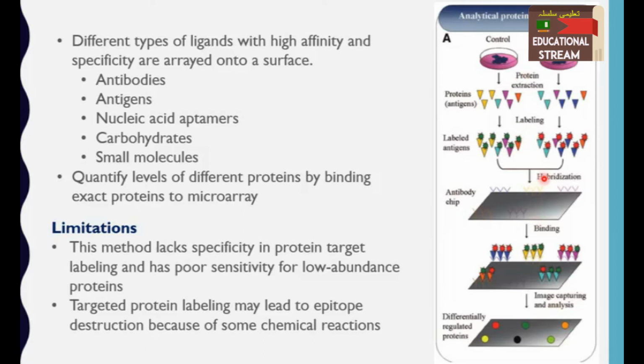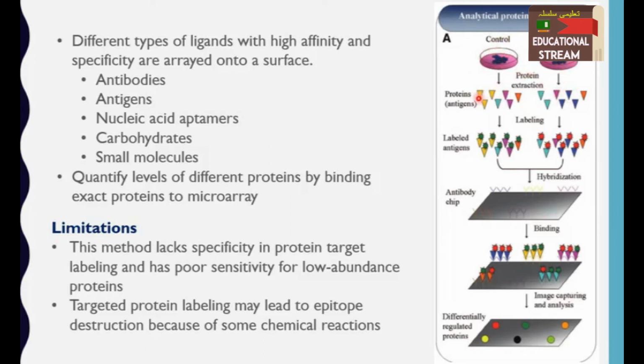In this example, shown in this diagram, all of the proteins in the two biological samples that we want to compare are labeled with different, distinguishable markers. For instance, we want to find out what kind of proteins are expressed in the control and in the sample cell. It could be a healthy person or it could be a patient.